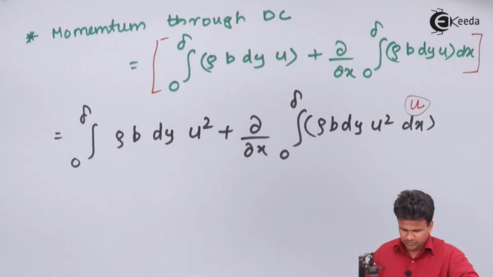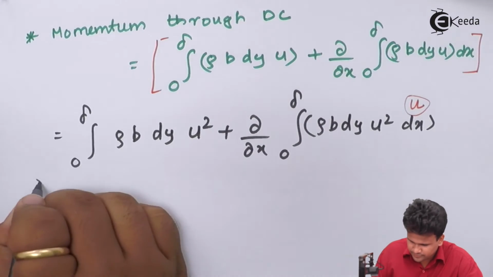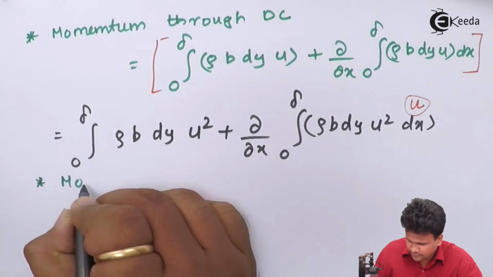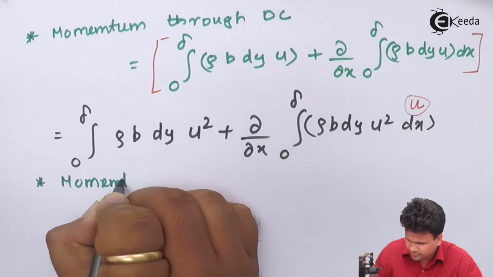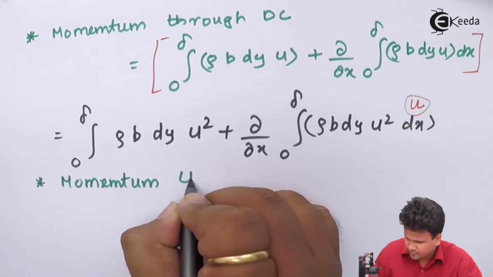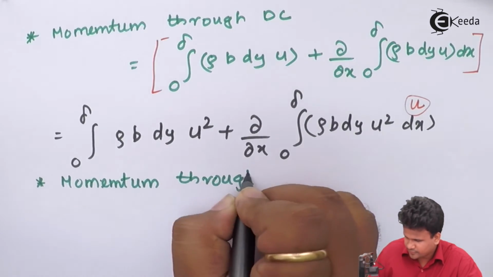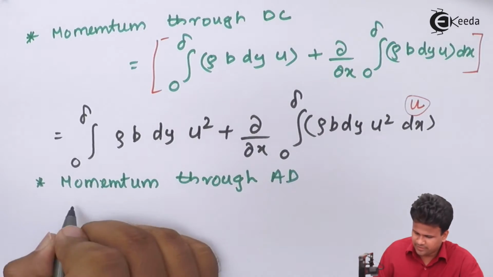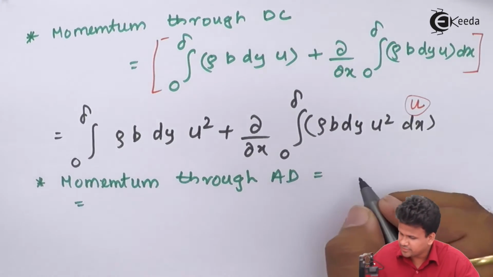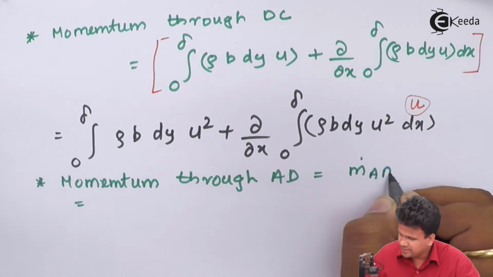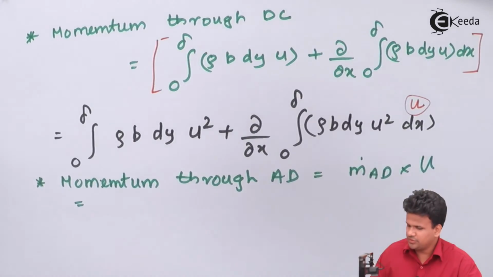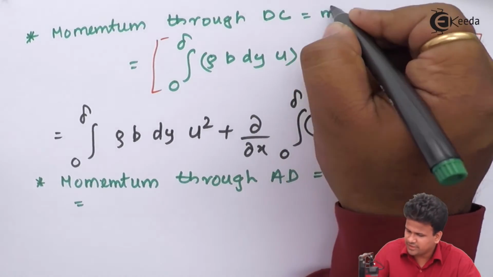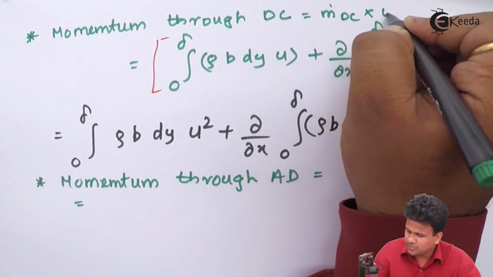The momentum through AD will be equal to the mass flow rate through AD into capital U, and this was the mass flow rate through DC into small u.